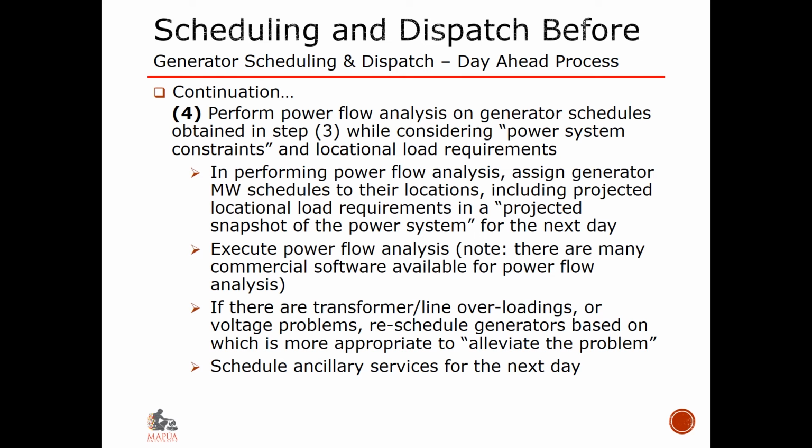In performing power flow analysis, we assign generator megawatt schedules to their locations, including the projected locational load requirements, in a projected snapshot of the power system for the next day.